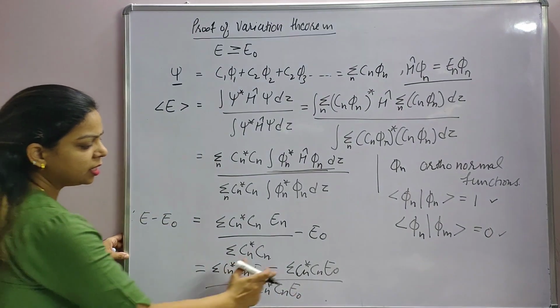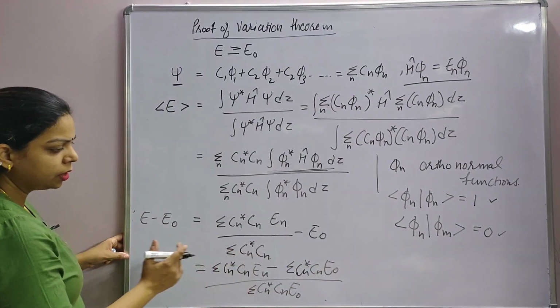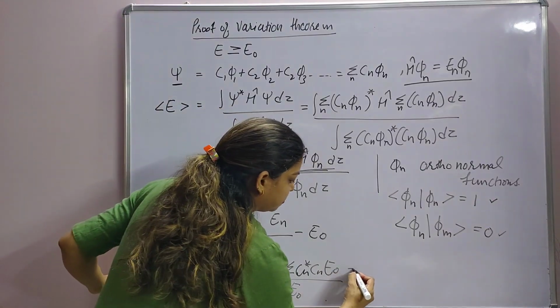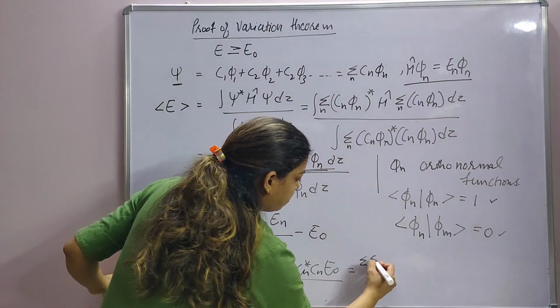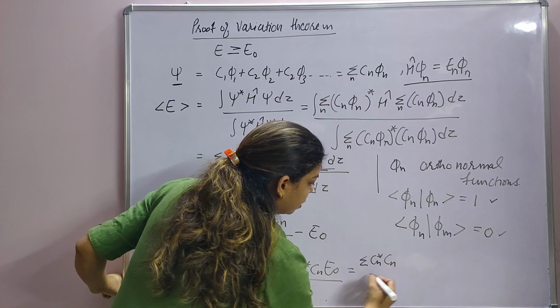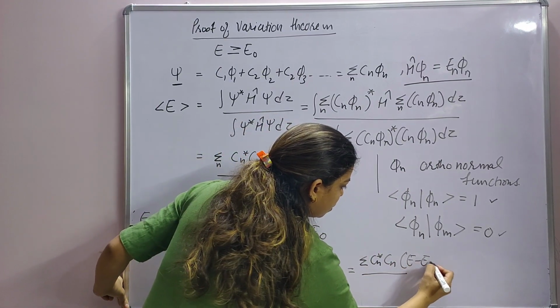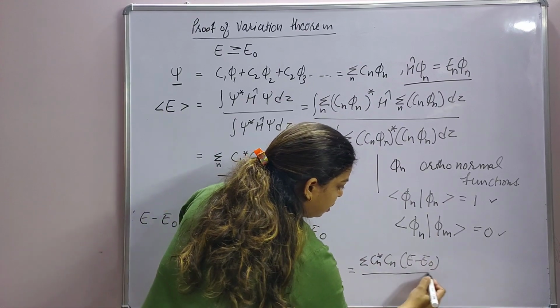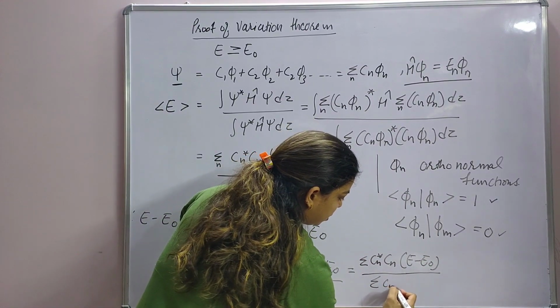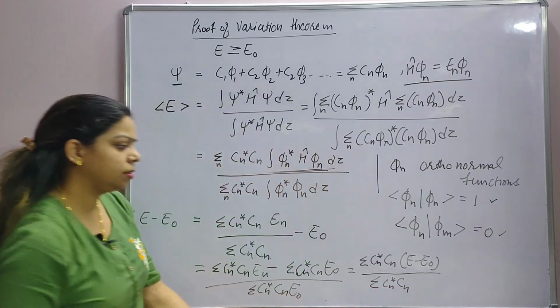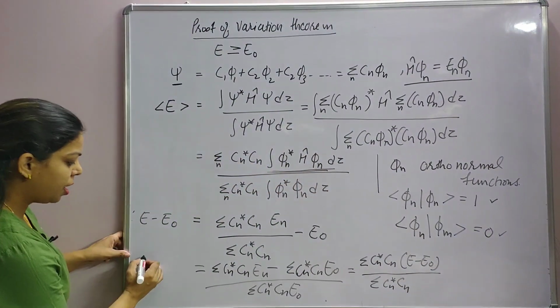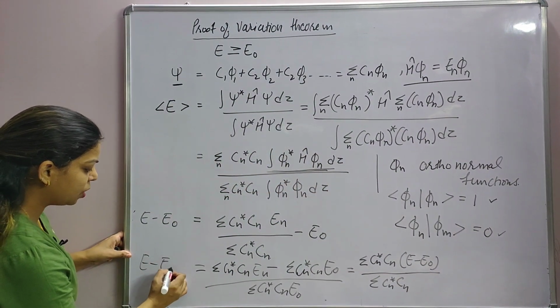So now I can take Cn star Cn summation out of the bracket. So this will be E minus E naught equal to the sum of Cn star Cn times En minus E naught.